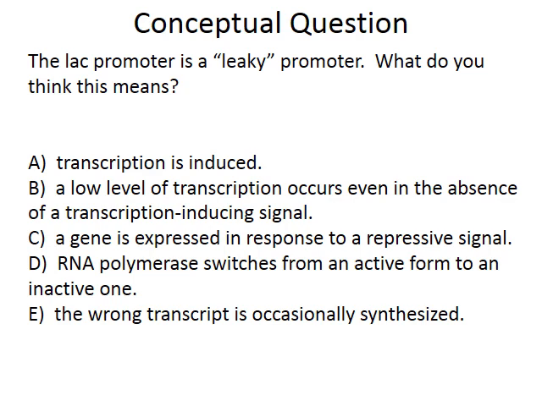So, a leaky promoter, what is implied by that term, is a promoter which allows low levels of transcription to occur even when there isn't any induction signal. So the best answer for this is B. And a conceptual analogy is to think of it as a leaky faucet, right? You have the ability to change the levels of water that come out of a faucet by turning a knob.